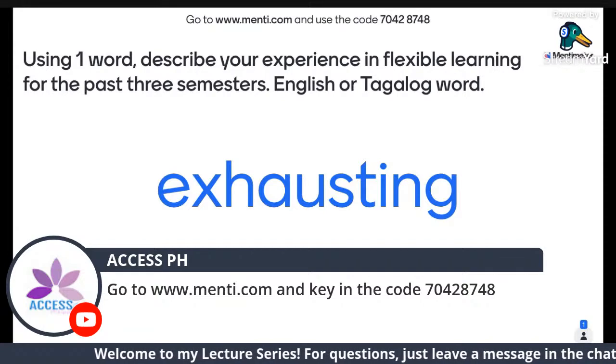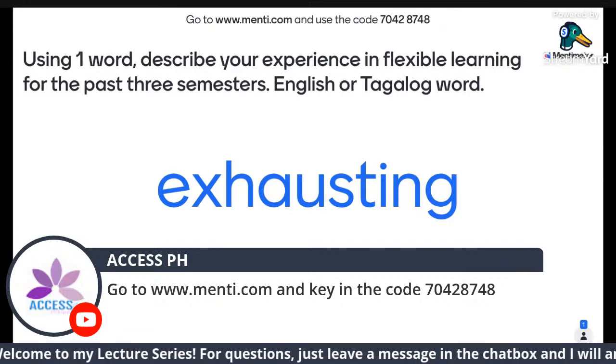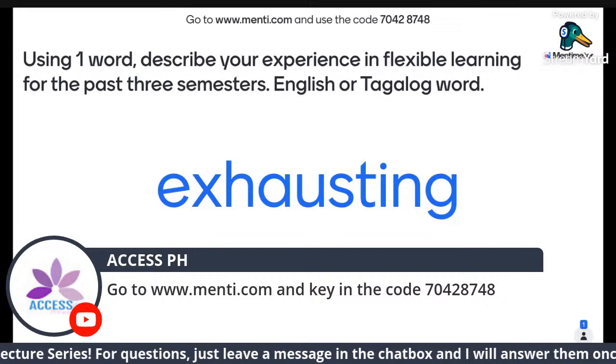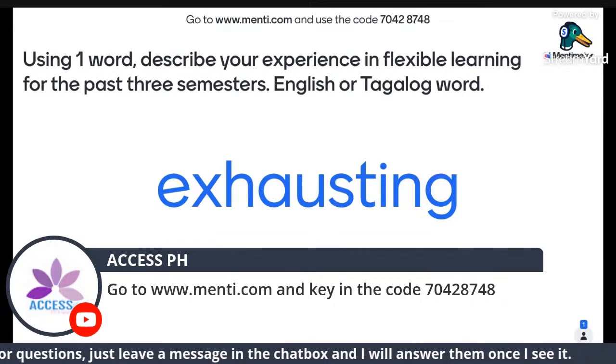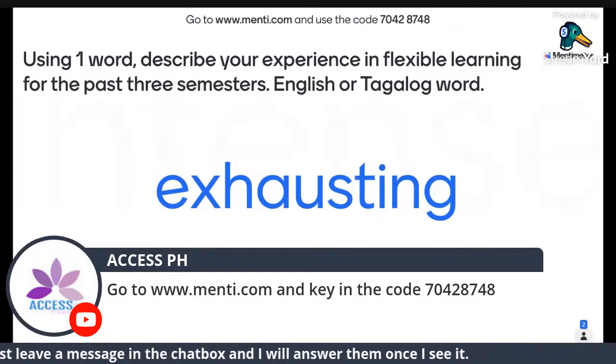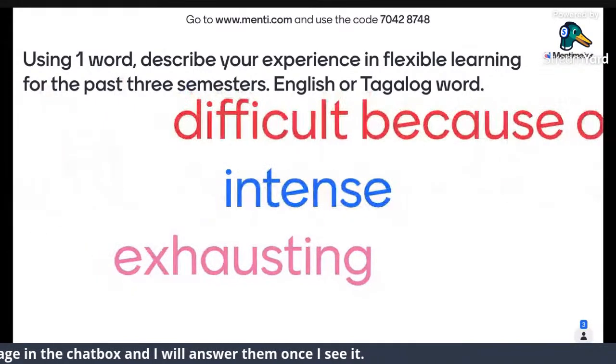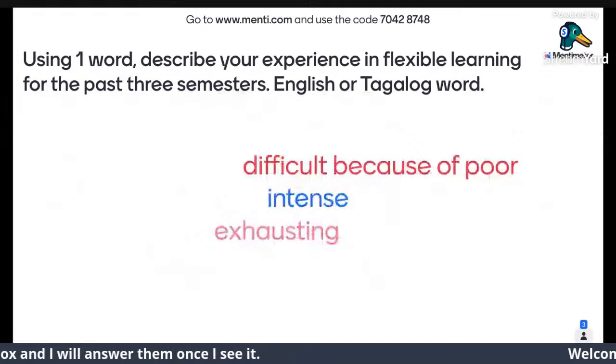Describe your experience in flexible learning for the past 3 semesters. That would include this semester, English or Tagalog word. One word lang. 4 words naman na to.